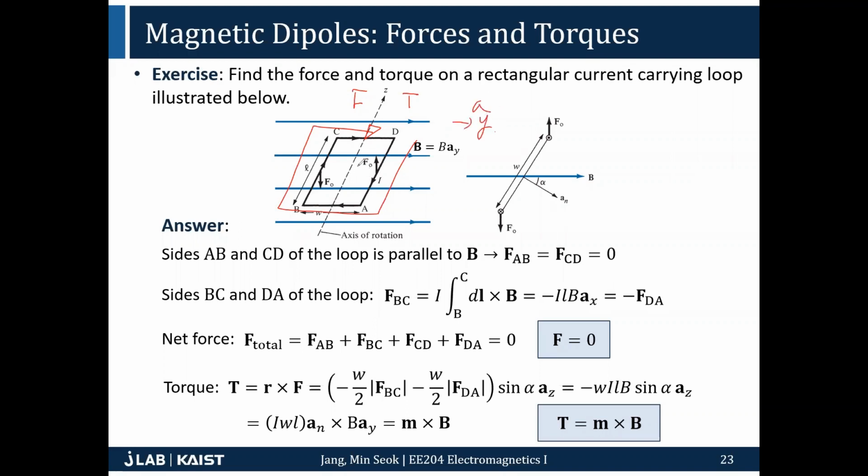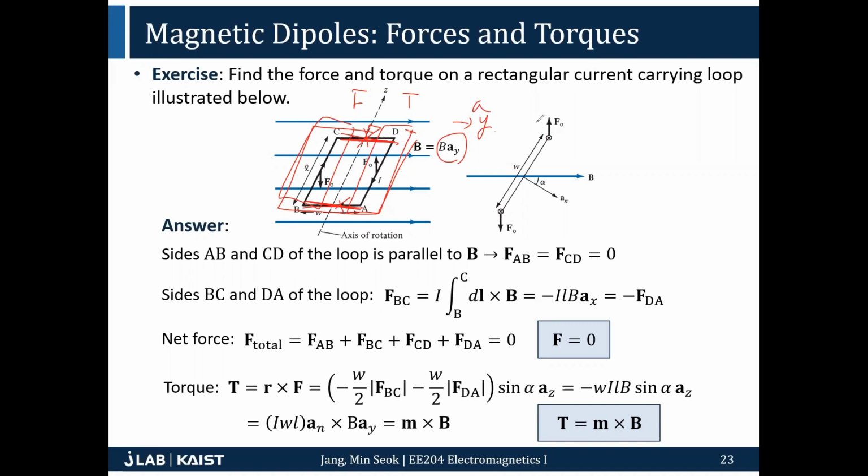The magnetic force only occurs when the direction of the B field is perpendicular, or at least not parallel, to the current. So these two line segments, CD and AB, don't do anything in terms of force, right? And only AD and BC play a role.